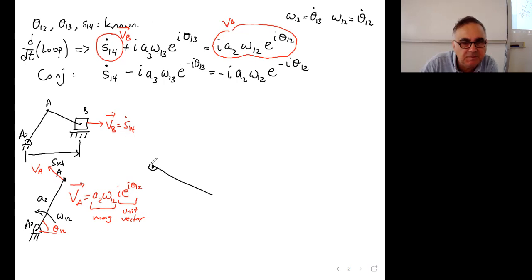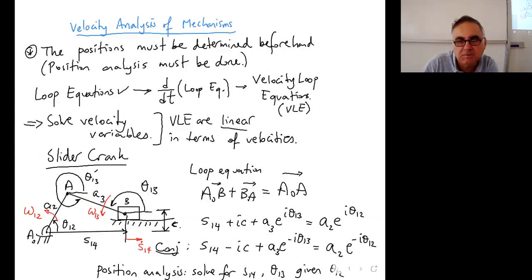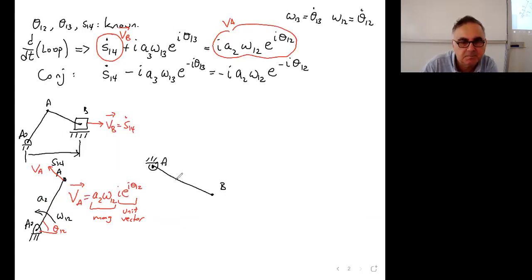If A were fixed like this, if this is A and if this is B, and if this rotates with, let's say, omega 1 3, what was it? Let me check the direction. This counterclockwise. Omega 1 3.